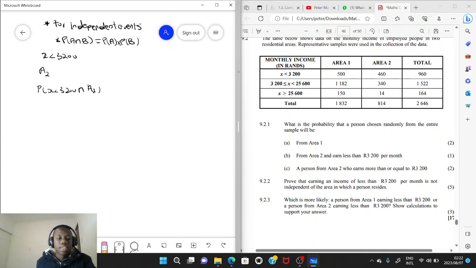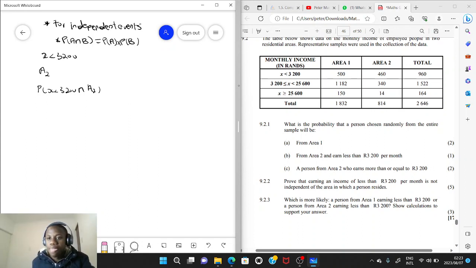So I check, okay, here is 3.2. This is my row for the people who earn less than 3.2, right? So I'm looking for area 2. Here's area 2. So these are the people who earn less than 3.2 and reside in area 2.